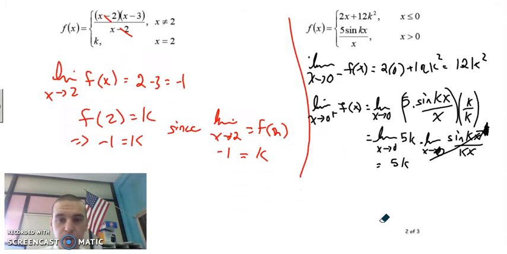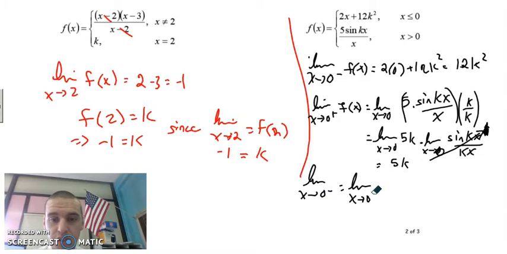So therefore, we know then the limit as x approaches 0 from the left is 12k squared, from the right is 5k. The limit from the left has to equal the limit from the right, which then implies that 12k squared has to equal 5k. The limit from the left has to be the limit from the right to be the limit.